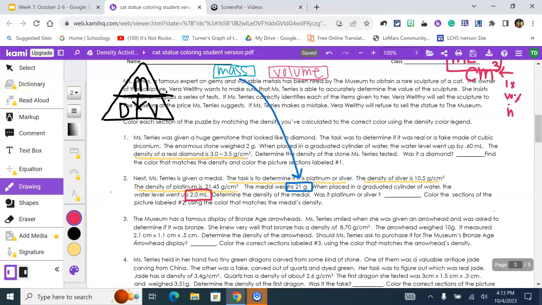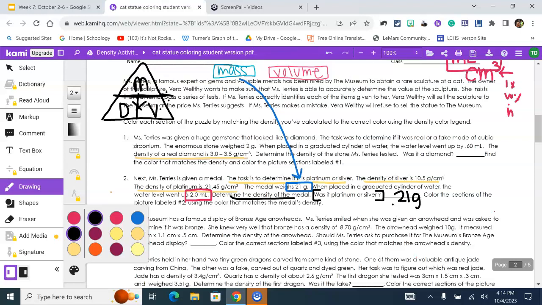So now I've got to determine the density of the metal and then answer the question, was it platinum or silver? So density is equal to mass divided by volume, 21 grams divided by 2 milliliters. And when you do that, you get 10.5, and this is going to be grams per milliliter.